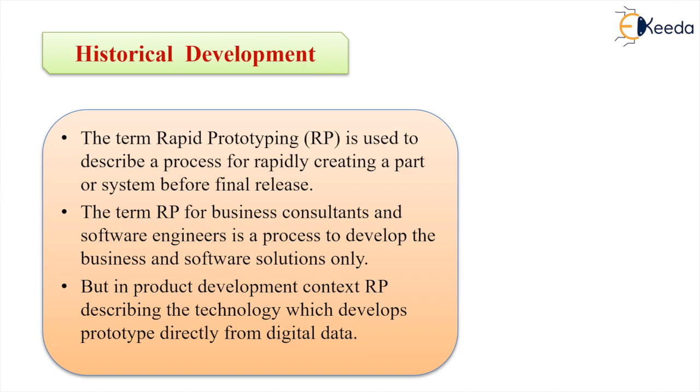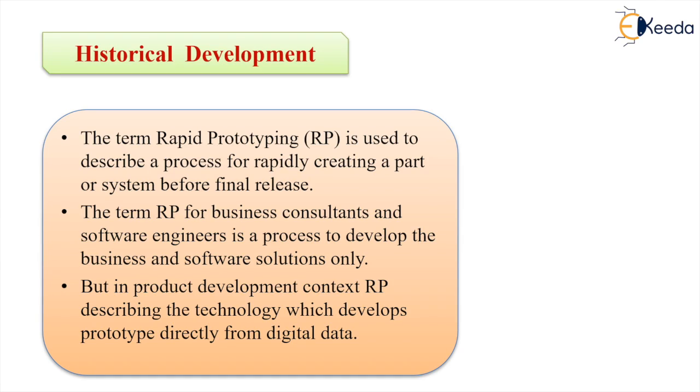So all the norms from the design department or the norms from the manufacturing department, by considering all these norms, we are physically developing the product from the given design. Okay, so in simple manner you can also say that it is a first physical form of the design.